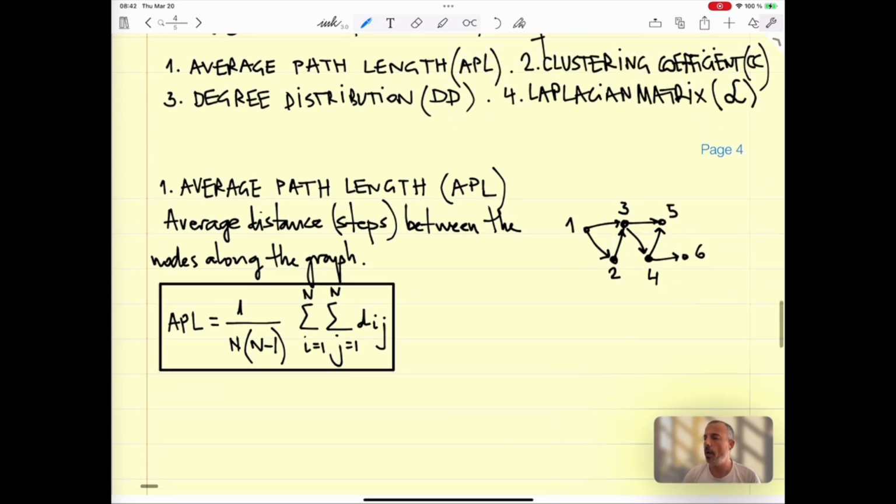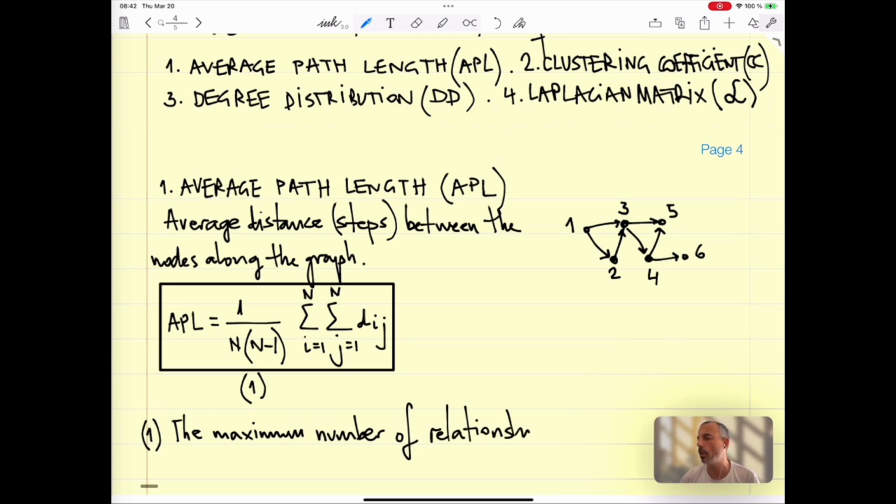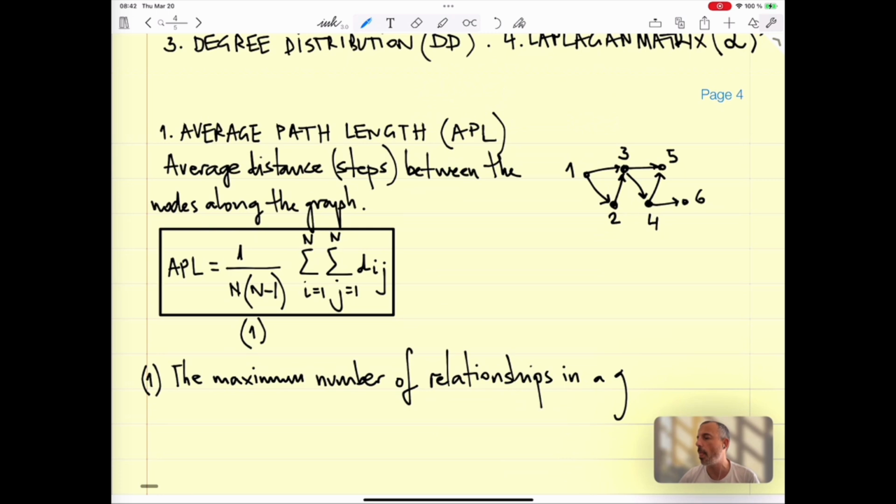The first part here, 1 over n times n minus 1: the maximum number of relationships in a graph of n nodes is n times n minus 1.